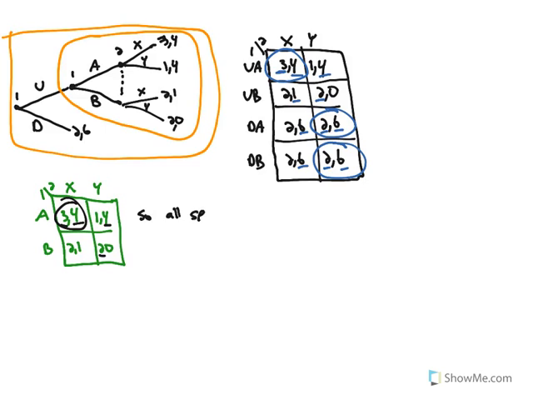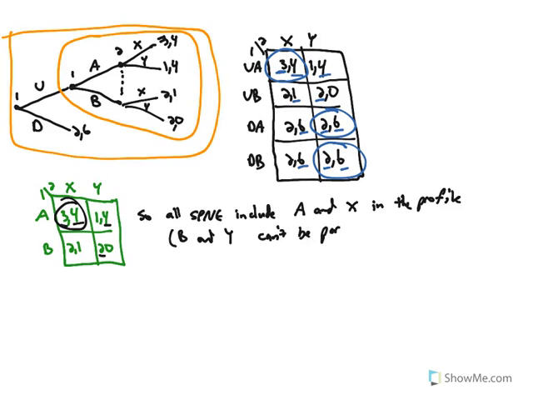So all SPNE include A and X in the profile, which also means that B and Y can't be part of any SPNE. Okay?